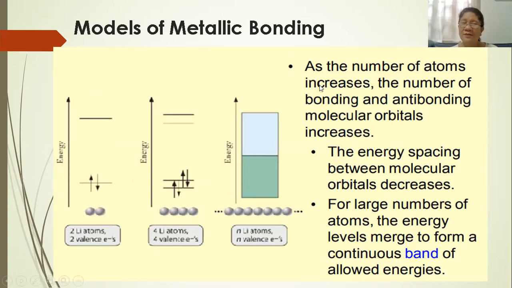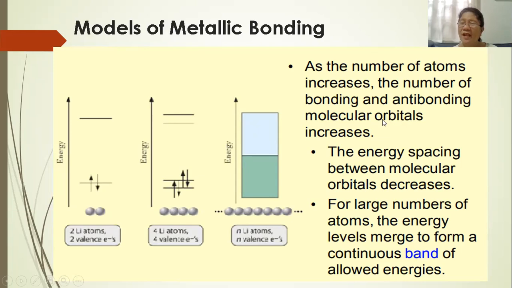So, as the number of atoms increases, the number of bonding and anti-bonding molecular orbitals also increases. If you increase the atoms, what will happen? The bonding and anti-bonding molecular orbitals increase. So how about the energy?